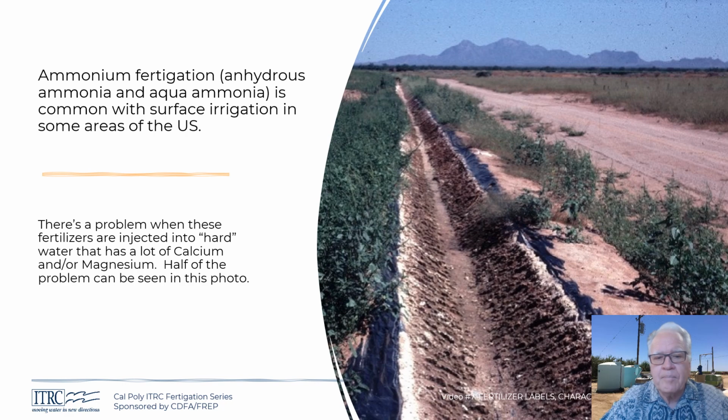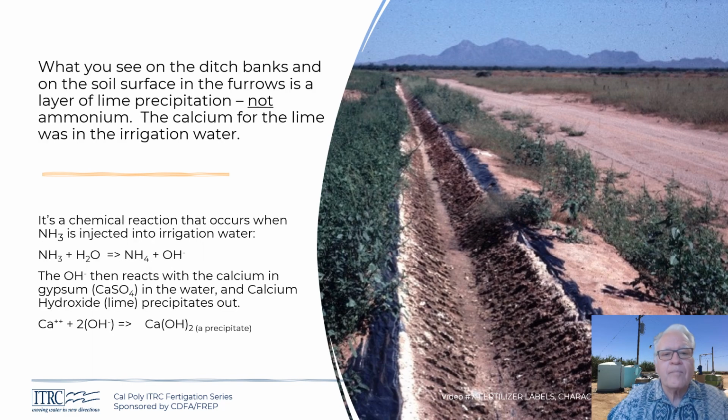And this is what happens when they put in anhydrous and aqua ammonia. So what in the world is it? First of all, that's not the fertilizer that you see. Instead, it's stuff that came out of the water. How's that? It's the calcium that was in the water that dropped out.